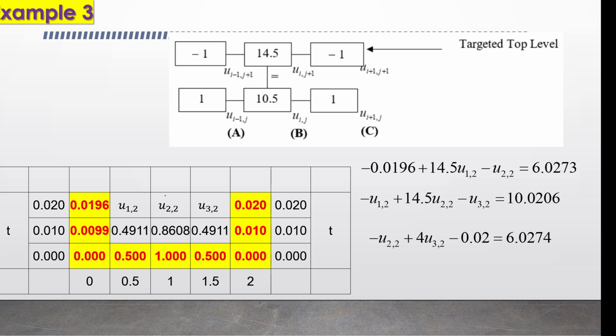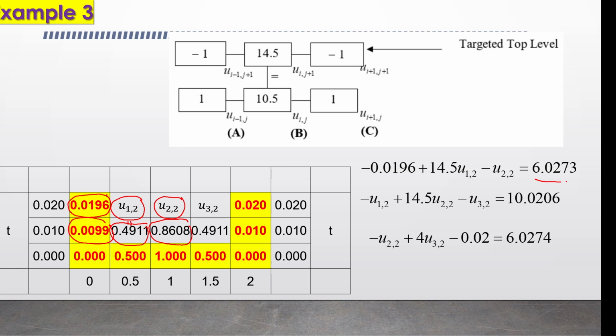When we repeat again, first this value is negative, because negative 1 times 0.0196, times 14.5 U12, is equal to 1 times this value plus 10.5 times this value plus 1 times this value.